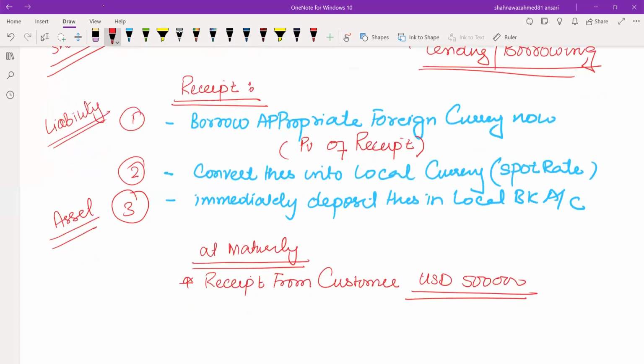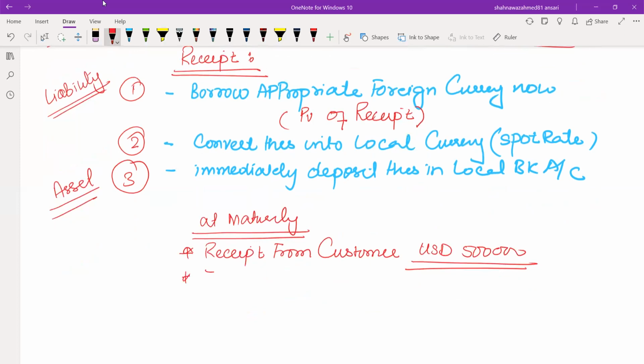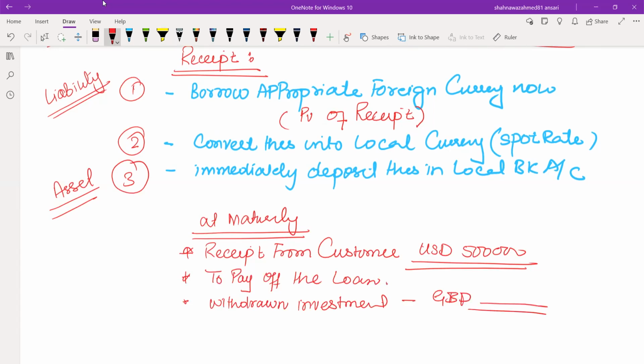We'll use that receipt to pay off the loan, the foreign currency we borrowed. So we'll settle our foreign currency liability through this receipt, and then we'll withdraw our local currency deposit amount. As a result, we'll get GBP against 500,000 USD without having any relationship or contract with a bank as we did in the forward exchange contract.